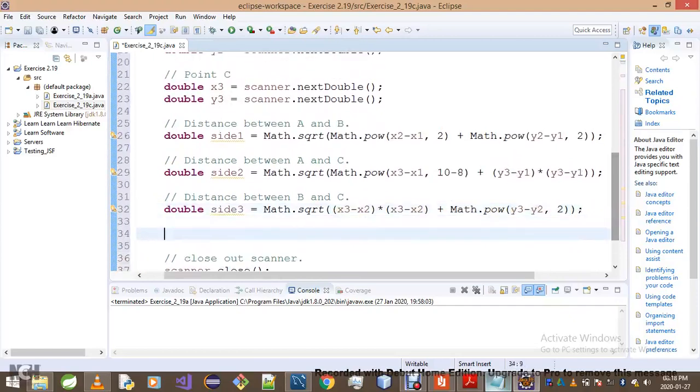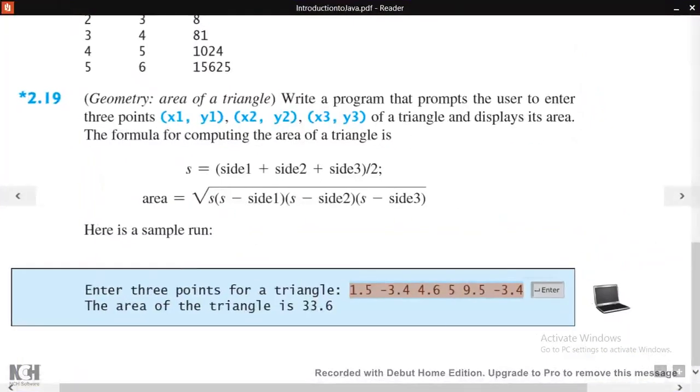Now we've got 3 sides. It's actually time to find our s. However, we're gonna do it differently this time around, so that you guys see that you can play around with this in whatever way you like. It seems like we are gonna need a variable to store s, because we also use it here.